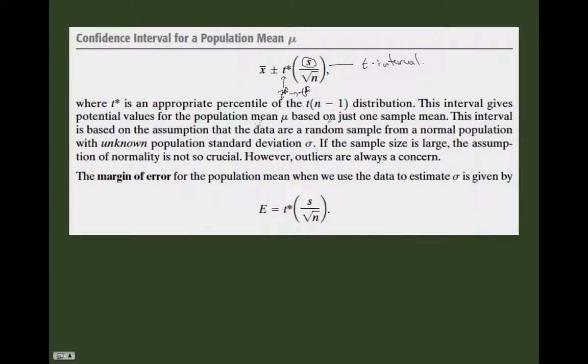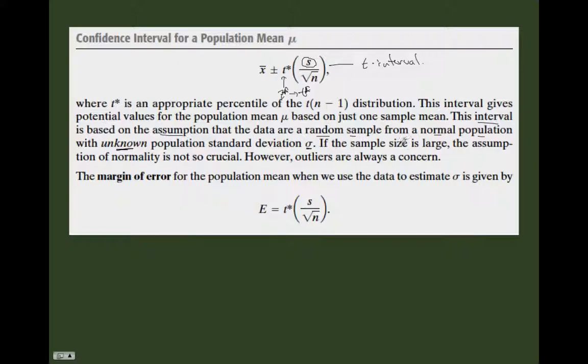And what are the assumptions? Well, the assumptions are given right here. The interval is based on the assumption that the data are from a random sample. Normal populations are the assumption, with unknown population standard deviation sigma.